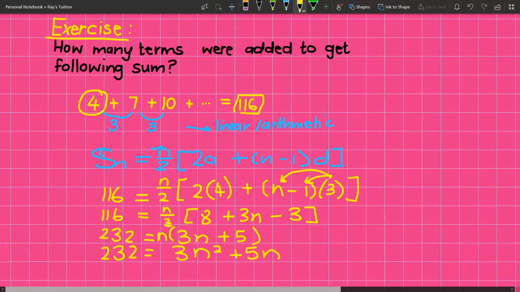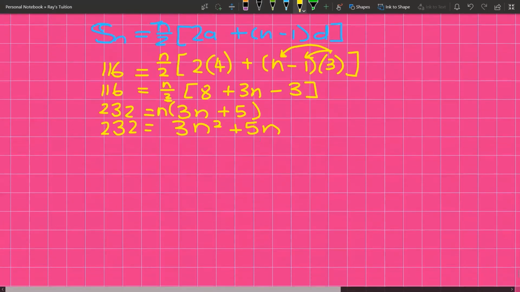For a quadratic equation, we make one side equal to 0. So we have 0 is equal to 3n squared plus 5n minus 232.